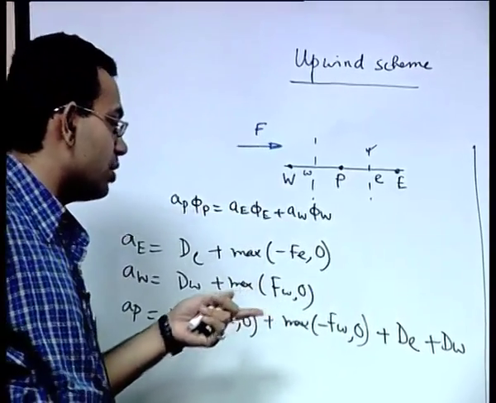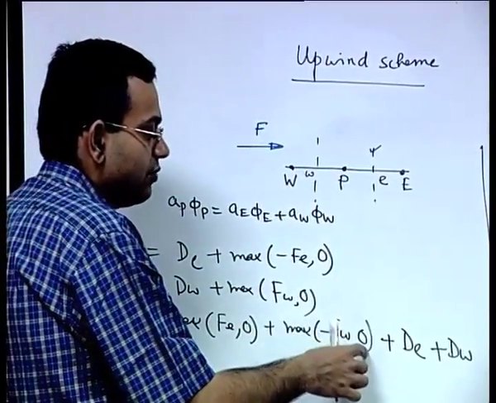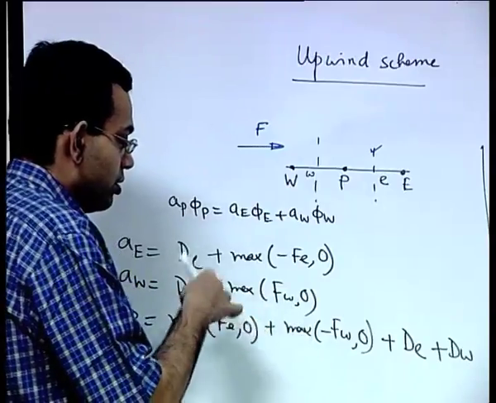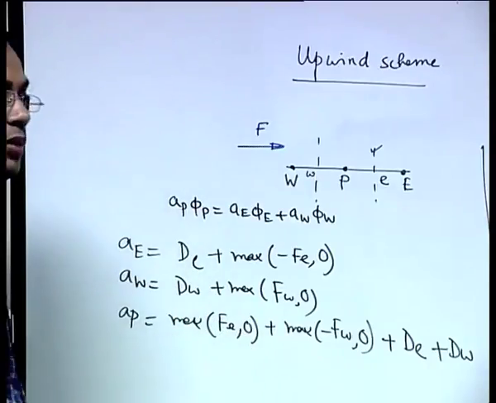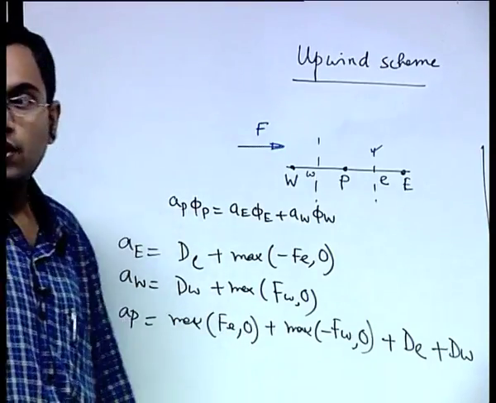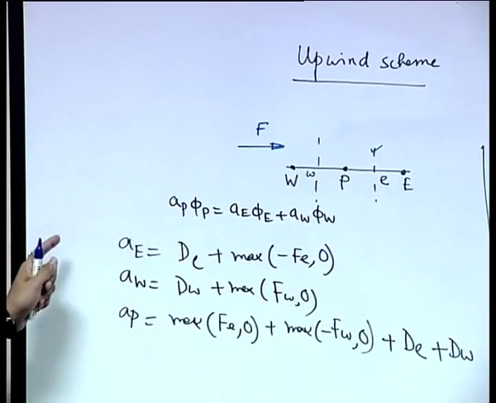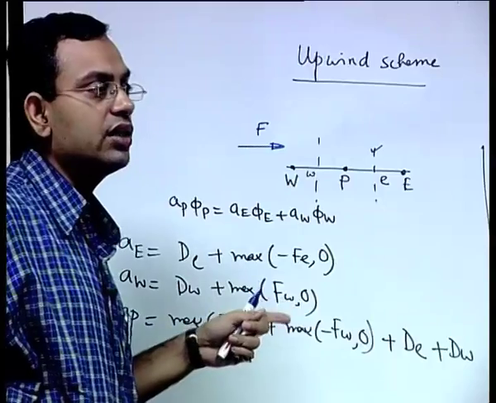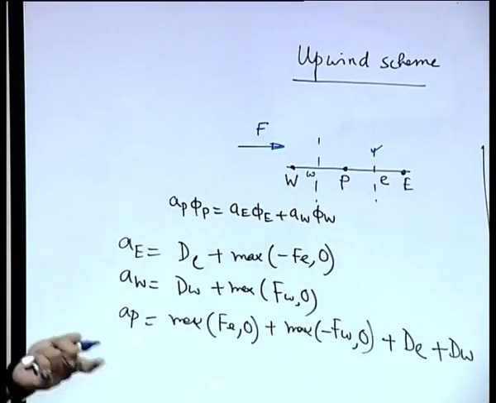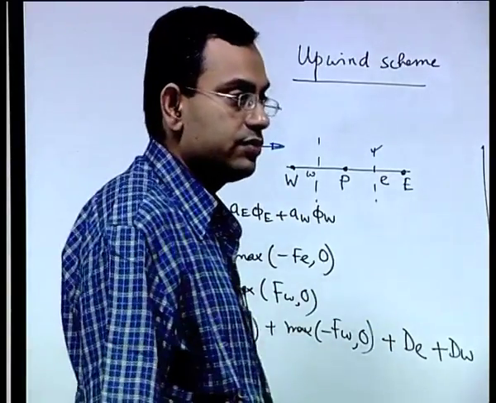Similarly you will have max of minus F_w, 0, and max of F_w, 0, max of F_e, 0 also will implicate similar thing. So, what we can conclude is that the problem of having some coefficients with different sign than the other coefficients will not be there at all. So, this upwind scheme is physically consistent.